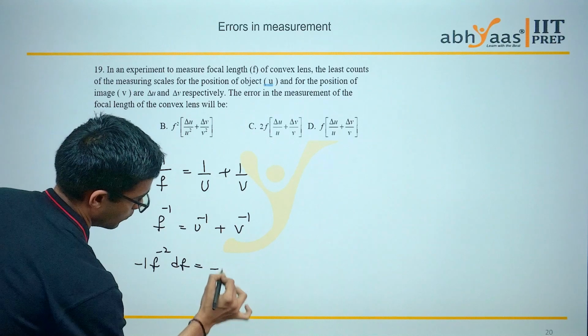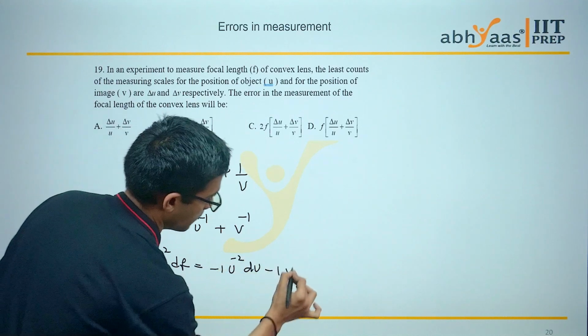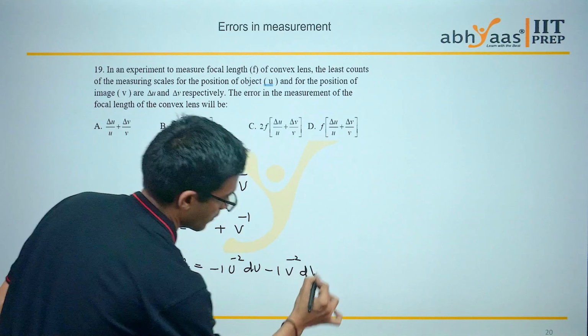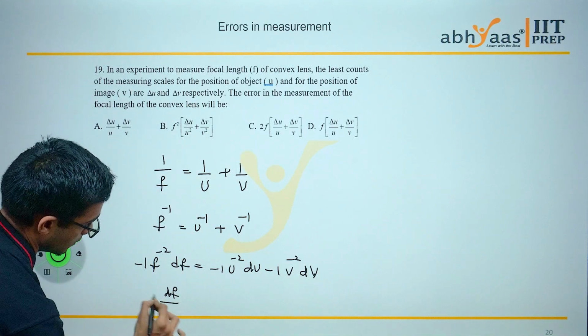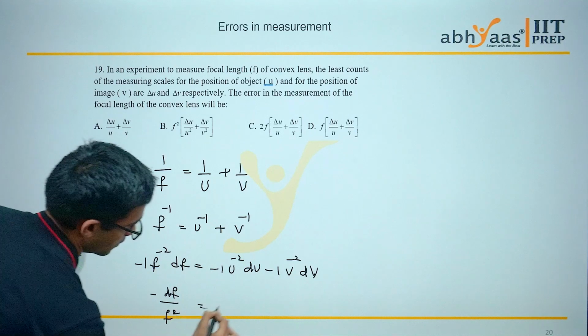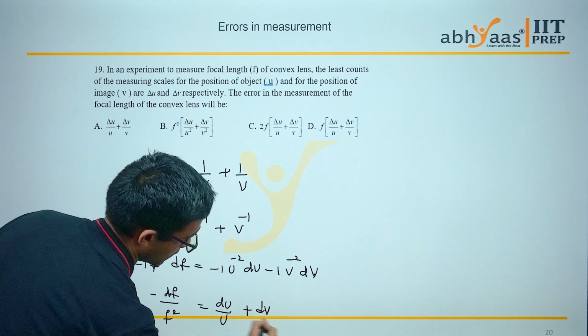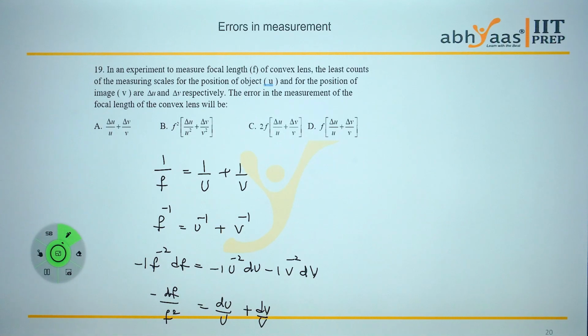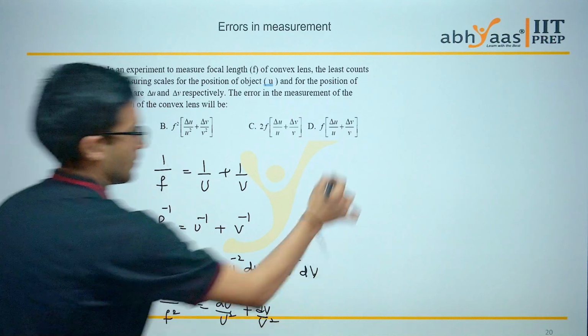So minus 1 u power minus 2 du minus 1 v power minus 2 dv. So that means df by f square equals du by u square plus dv by v square.